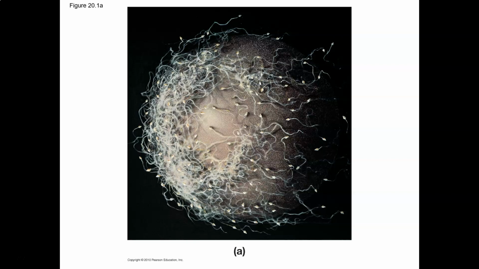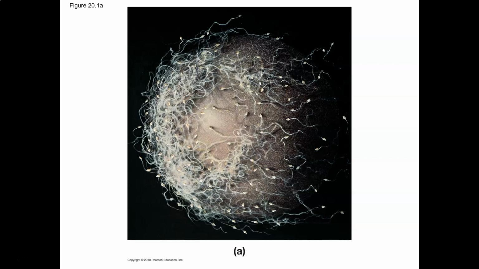And then random fertilization refers to which sperm fertilizes the egg. So in this picture you see a huge egg cell and a bunch of little sperm. And only one of those can fertilize the egg. In other words, the egg has 23 chromosomes and the sperm head has 23 chromosomes, and only one sperm can donate its 23 chromosomes to the egg to form a new zygote or baby.